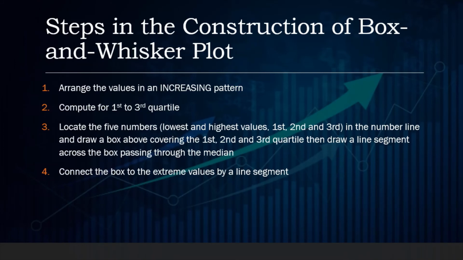Third, locate the 5 numbers, the lowest and the highest values, and the first, second, and third quartile, in the number line, and draw a box above covering the first, second, third quartile, then draw a line segment across the box passing through the median. And last step is connect the box to the extreme values by a line segment.